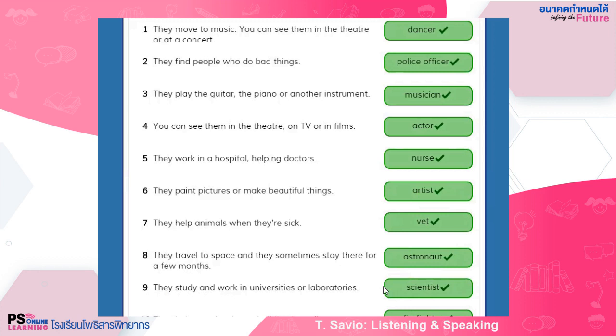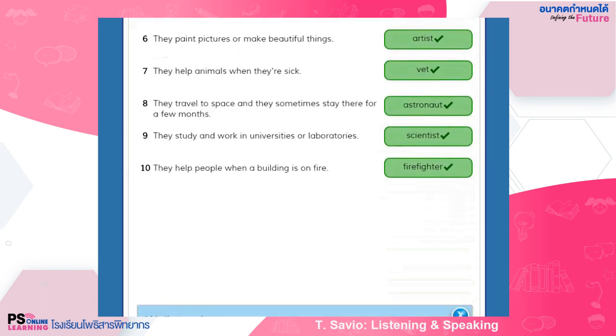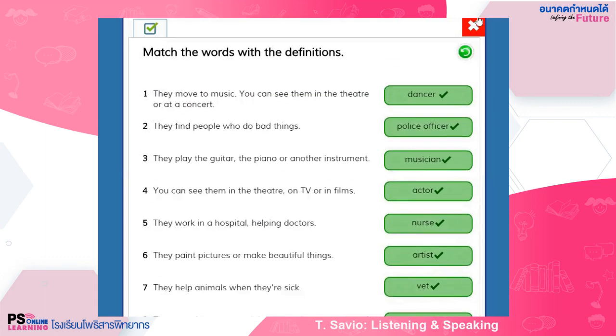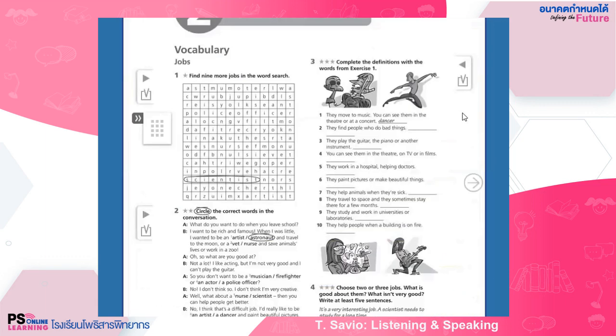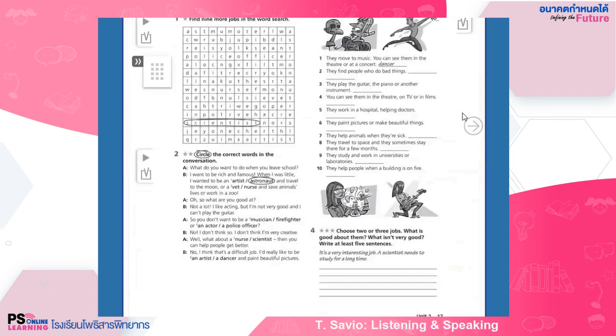A scientist. And number 10, they help people when a building is on fire. A firefighter. So these are some of the jobs that people do in the world. Let's go on to the next.